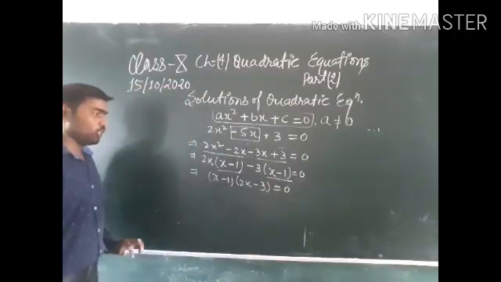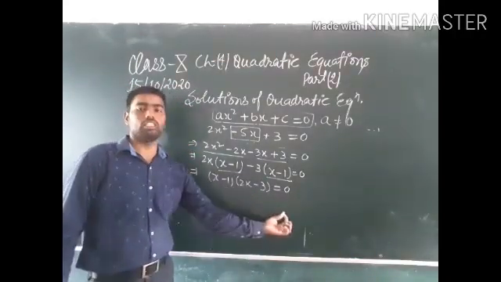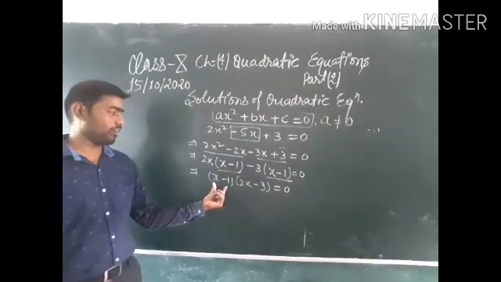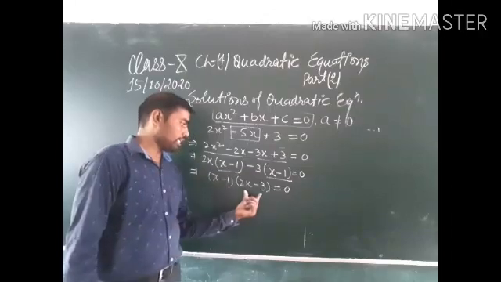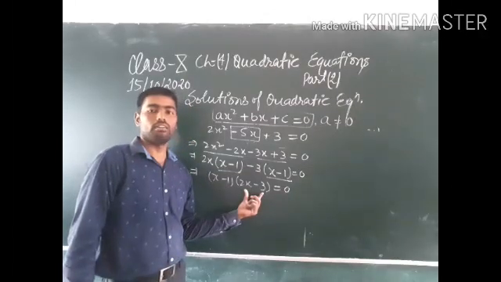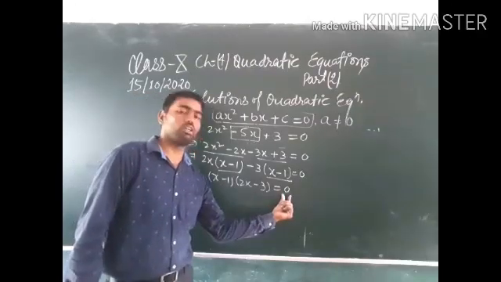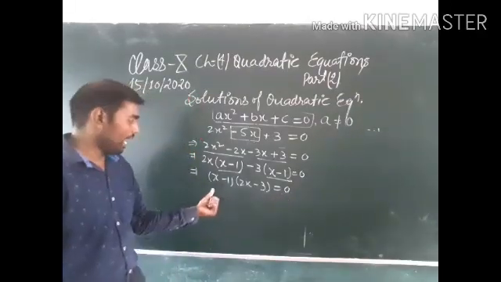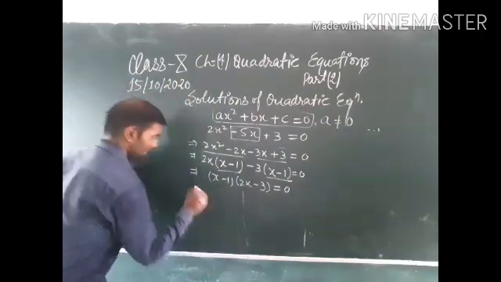Here you can easily see the product of two linear polynomials in one variable is equal to 0. It means either this is 0 or this is 0.